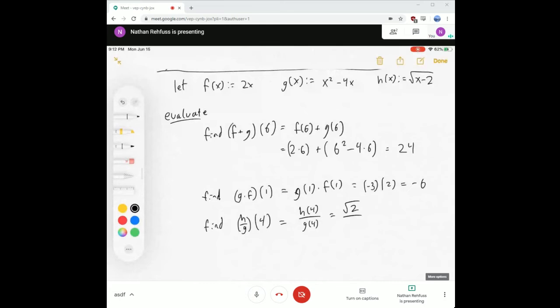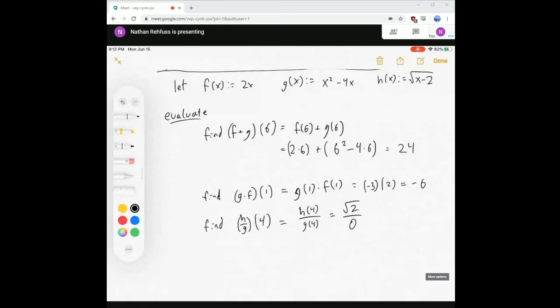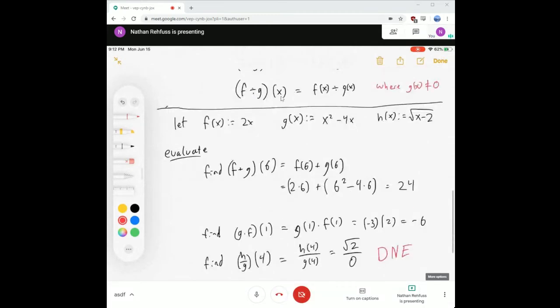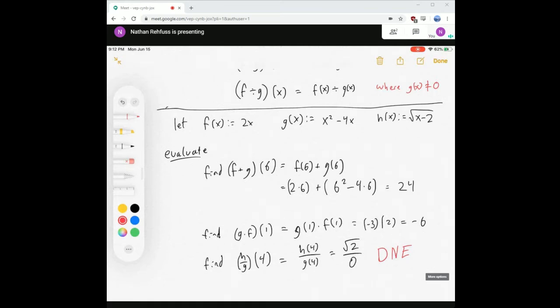So g of 4 is going to be 0. Since we can't divide by 0, this does not exist. That's why I set up here that f divided by g of x is equal to f of x over g of x, as long as g is not 0. So since the denominator was 0 here, 4 is just not in the domain of h divided by g. So that's how we will evaluate these functions.